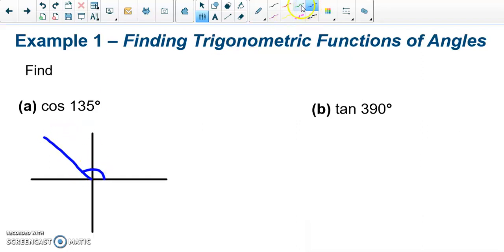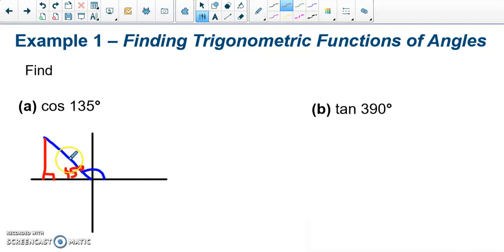Now, a reference angle is an acute angle, so we need to drop a side down toward the x-axis to make a right angle over here, and this reference angle is a 45 degree angle, and it is in the second quadrant.